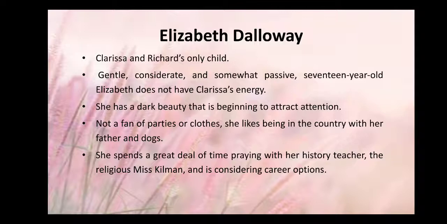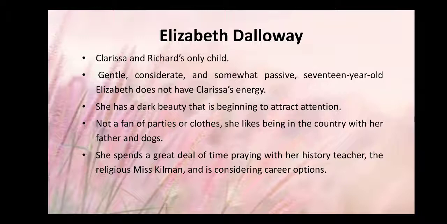Then we have the child of Clarissa and Richard, by the name of Elizabeth Dalloway. She is the daughter of Clarissa. She's a gentle, considerate, somewhat passive, reticent 17-year-old. Elizabeth does not have the same kind of energy that Clarissa has.